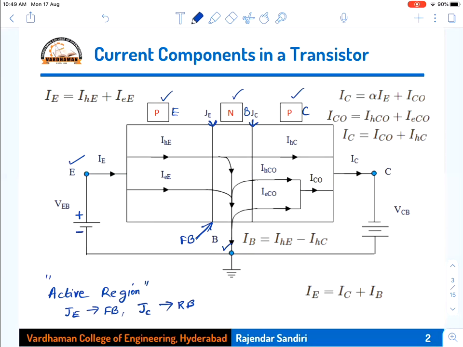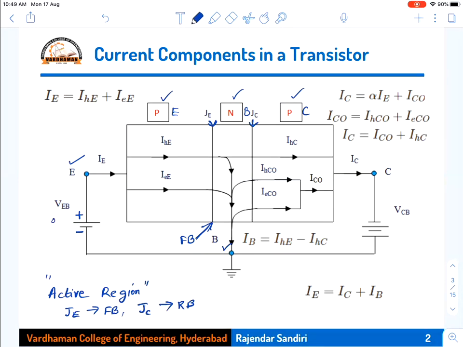So how do we forward bias a PN junction? By connecting the positive terminal of the battery to the P-type semiconductor material and the negative terminal to the N-type semiconductor material, we actually forward bias that junction. Now it is forward biased by the voltage VEB. This battery is connected between emitter and base, therefore I am calling it VEB.